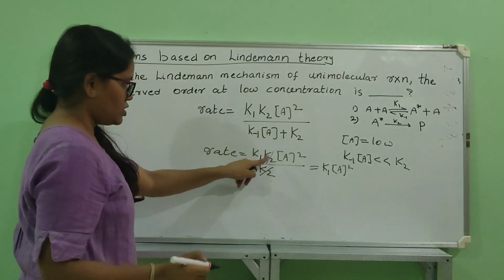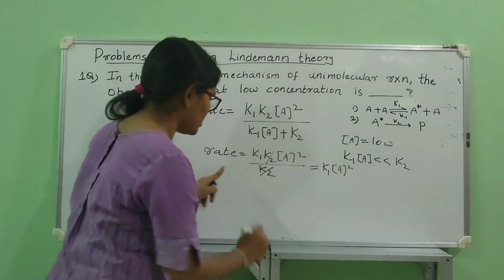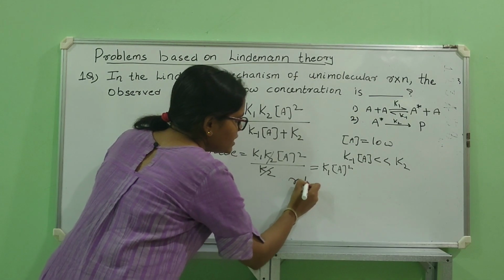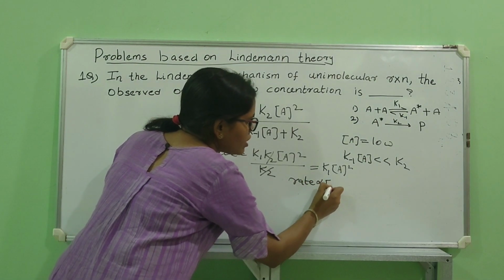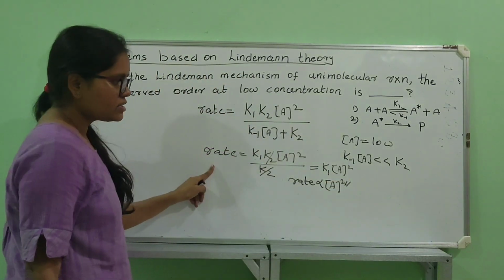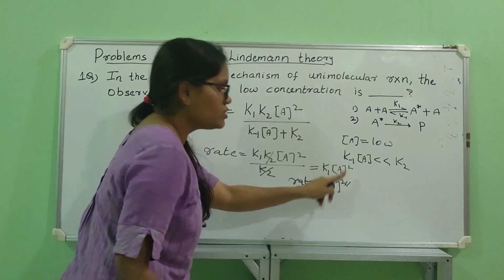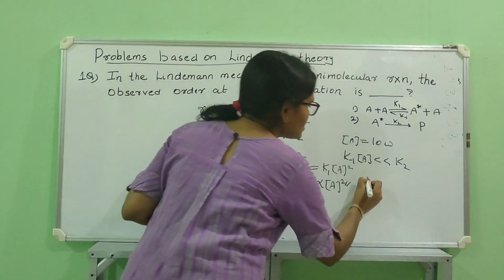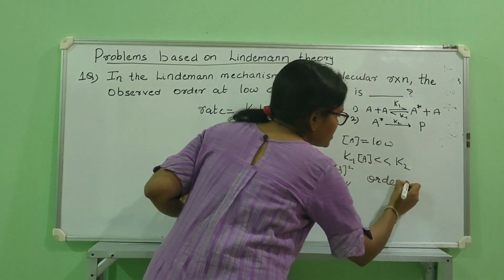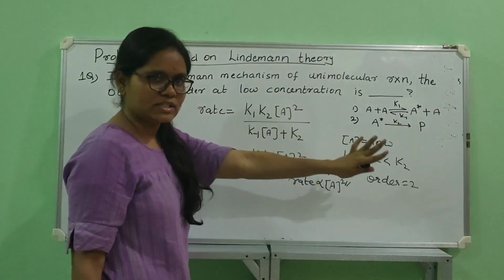So K2 got cancelled. What you are left with is K1 into A square. So can I write it as rate is proportional to the concentration of A to the power 2, right? So the rate is proportional to the A square. So the order of the reaction is 2 when this low concentration condition is considered.